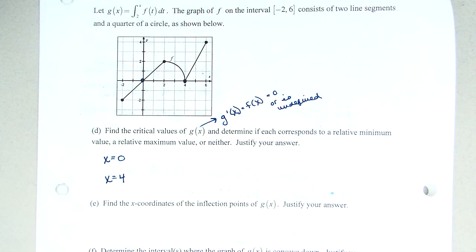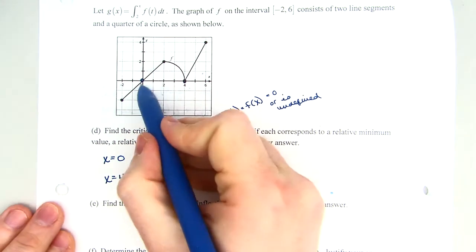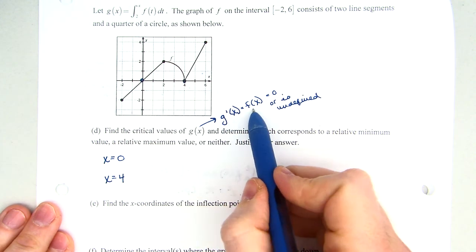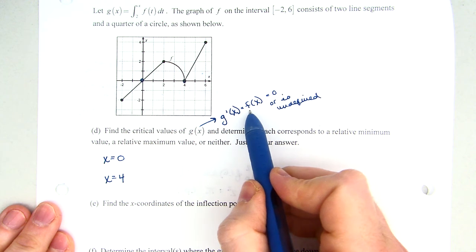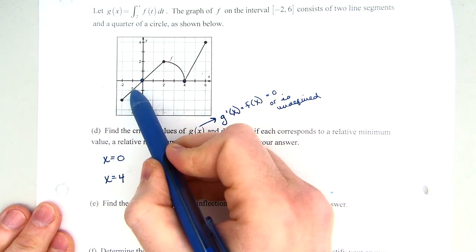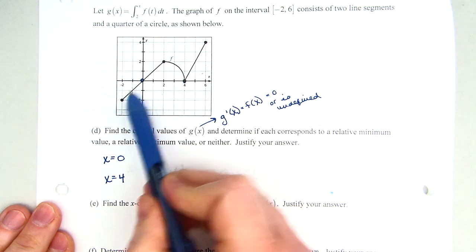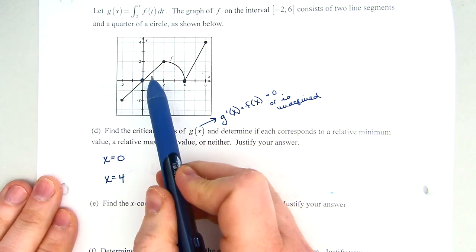Now, do I have a relative max, do I have a relative min, or do I have neither? At x equals 0, g prime of x, which is f of x, is changing from negative values of f to positive values of f, which means negative values of g prime to positive values of g prime.